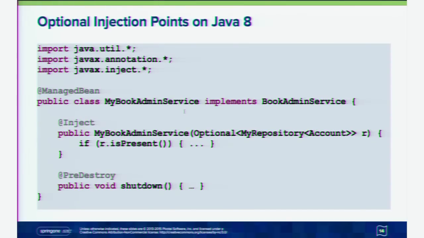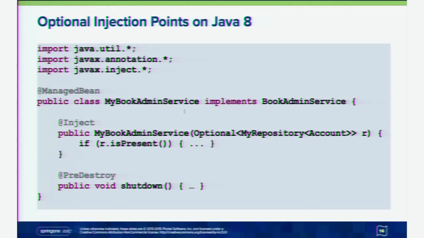If we find one in the context, you're going to get an Optional handle with that instance inside. If there's no MyRepository of Account, you're going to get an empty Optional instance. And with Optional's API, you can then call isPresent or all the Optional variants to continue from there and react to the presence or non-presence of the instance.